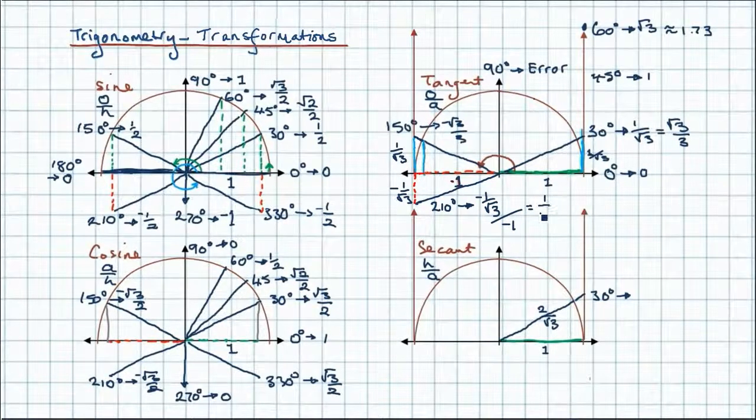In other words, 1 over √3 or √3 over 3. Okay, so I hope that's clear. What's happened is a negative divided by a negative has produced a positive again, and this is really, really important. It's very important for what we're going to look at today.